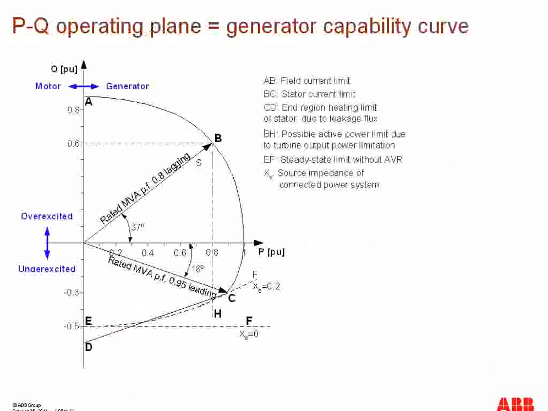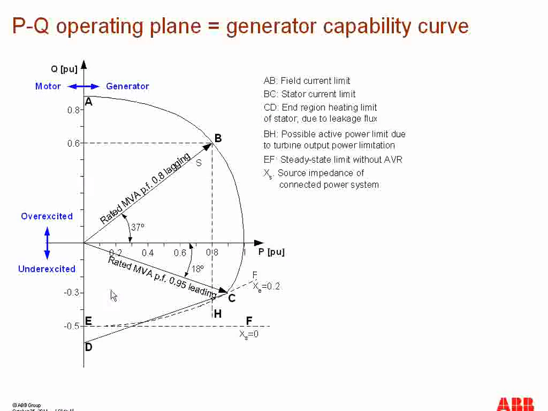Let's have a look at the generator capability curve. This curve is quite important when it comes to knowing the performance of the generators, because it tells us several limitations imposed on the performance of the generator in one typical graph.